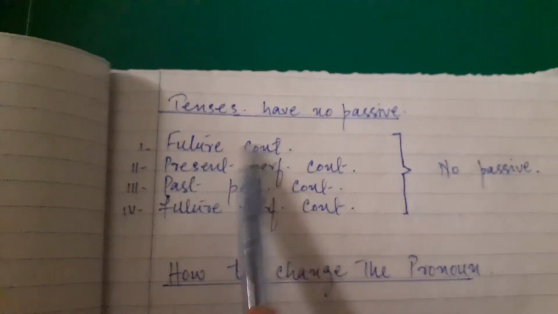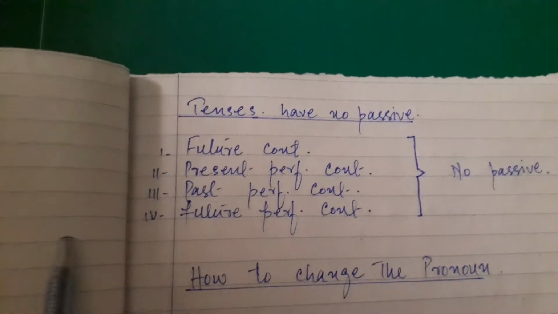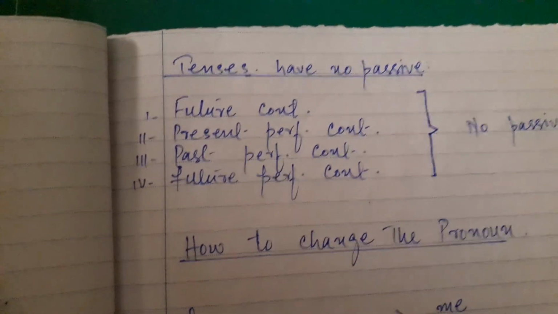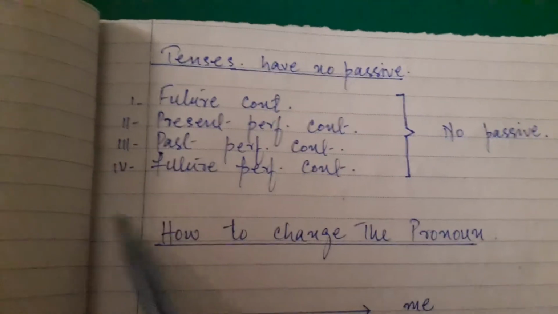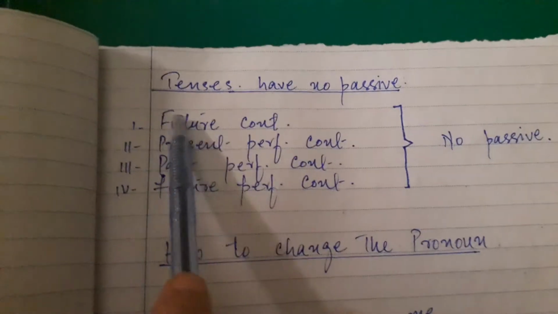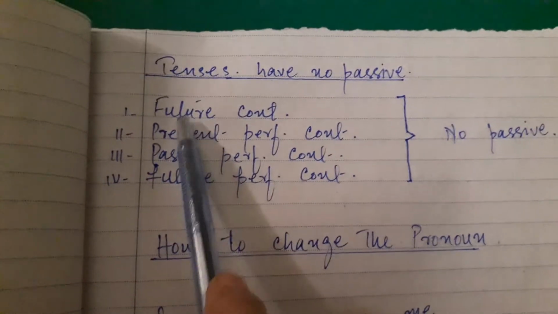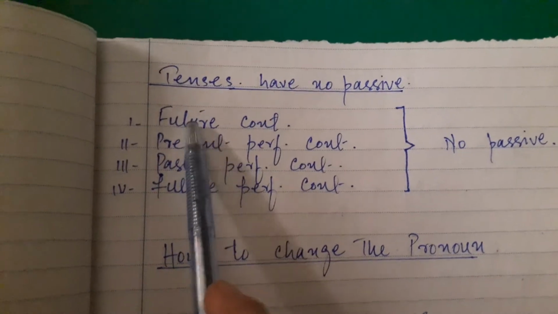First let me tell you those tenses which have no passive voice. We have 12 tenses in all: 3 indefinite, 3 continuous, 3 perfect, and 3 perfect continuous. Out of these 12, 4 tenses cannot be changed into passive voice. And what are those 4 tenses?